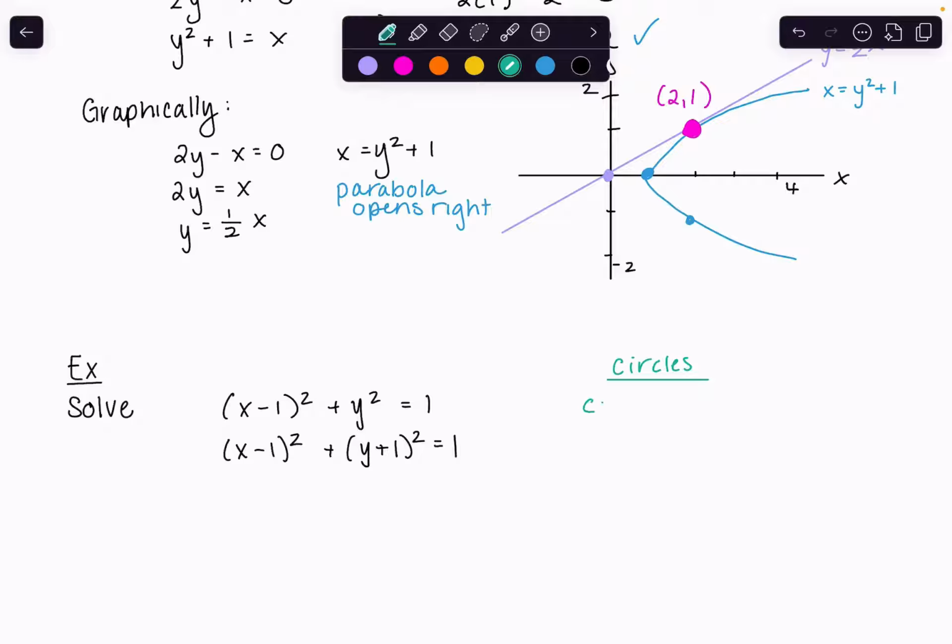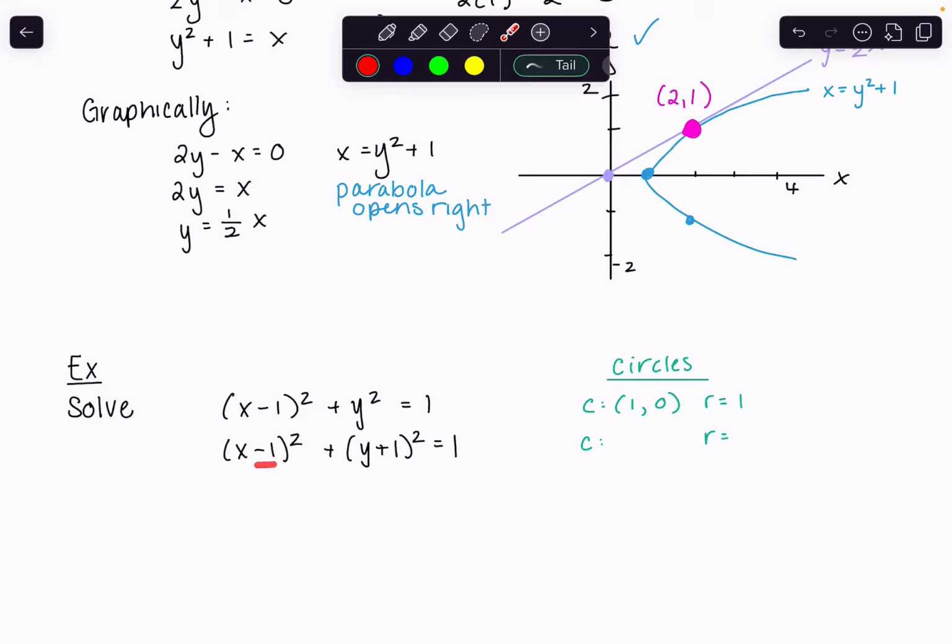We need the center of each of these circles and the radius to get a picture. So the center is based on what you subtract from x and y. So in this first case, you're subtracting 1 from x, nothing from y. So that center is going to be 1, 0. And the right-hand side is your radius squared, so your radius is 1.